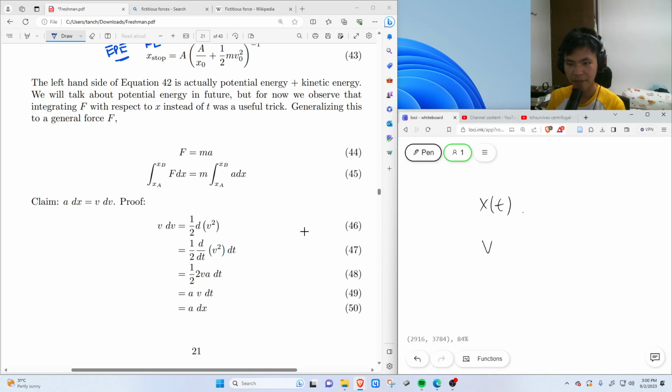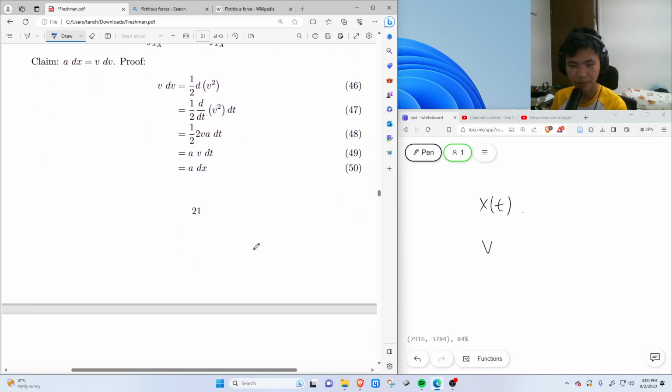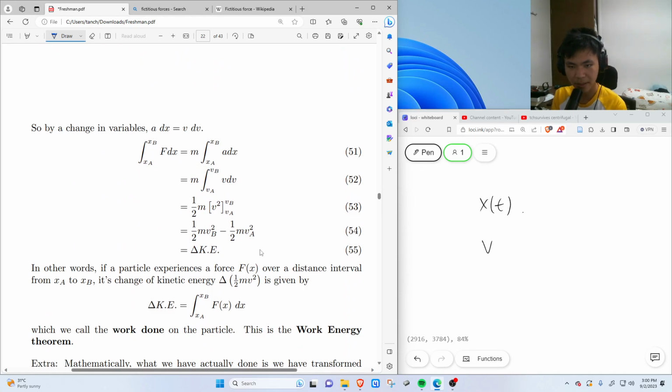And in such questions, you can integrate the force with respect to distance, and with a change of variables, you end up getting that the integral of force with respect to distance is this quantity over here: the difference of the kinetic energies at the two points in time, and that is it.